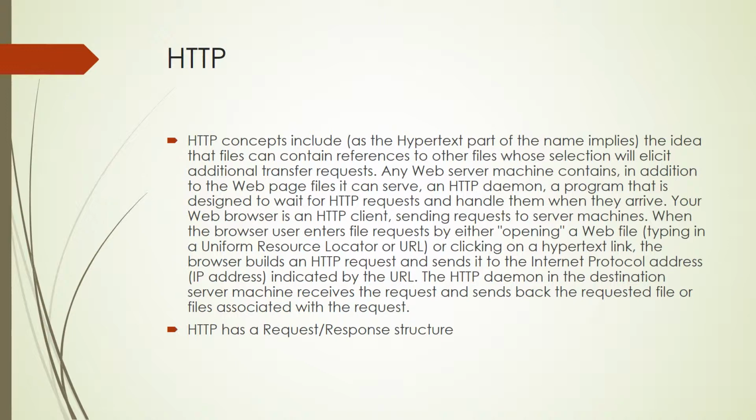The HTTP daemon in the destination server machine receives the request and sends back the requested file or files associated with the request. HTTP has a request and response type structure.